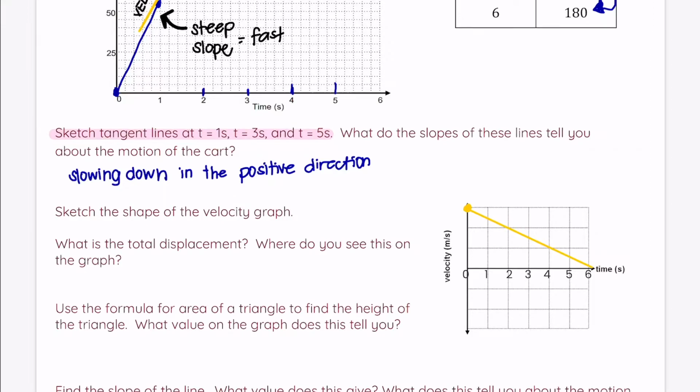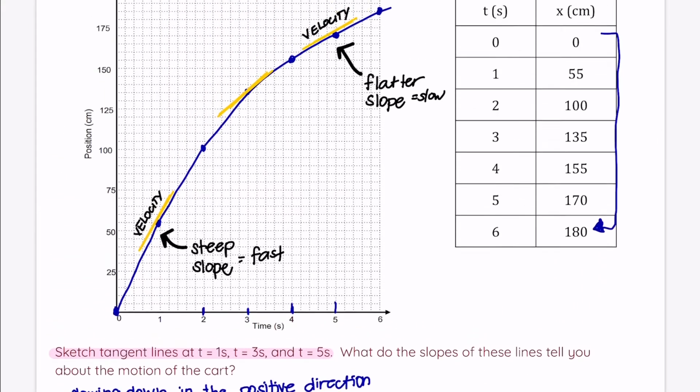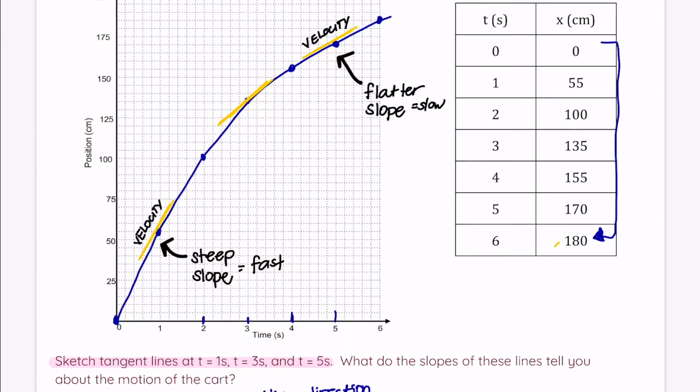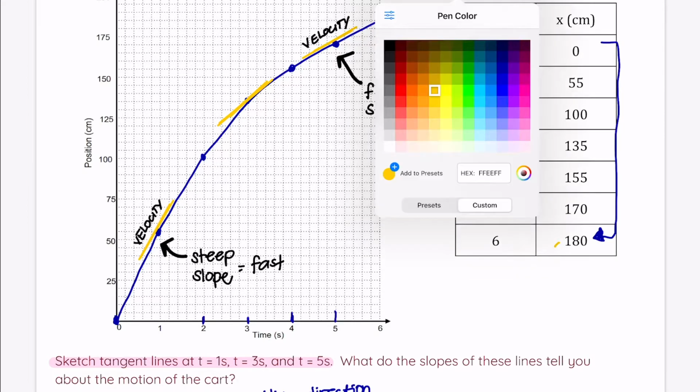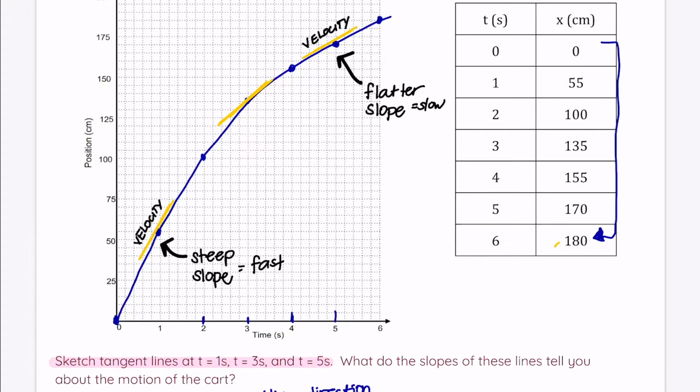Okay, and so the total displacement for this, we would take a look at our position time graph. So this tells us that this is the final position, and this is our initial position.